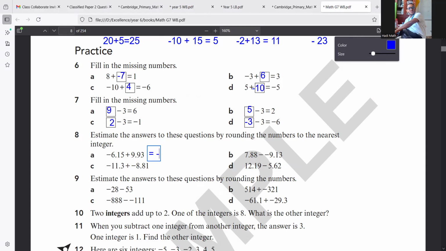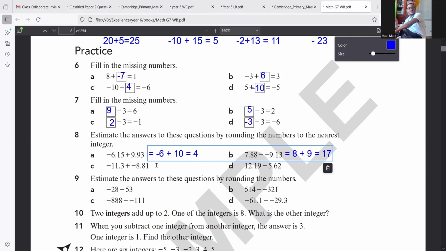This one will be negative 6 plus 10, and that equals 4, as we mentioned before. Let's go with this one. It's going to be what? 7.88 is going to give you 8 when you round it. And this minus minus should be plus. And this will give you 9. And that equals 17.